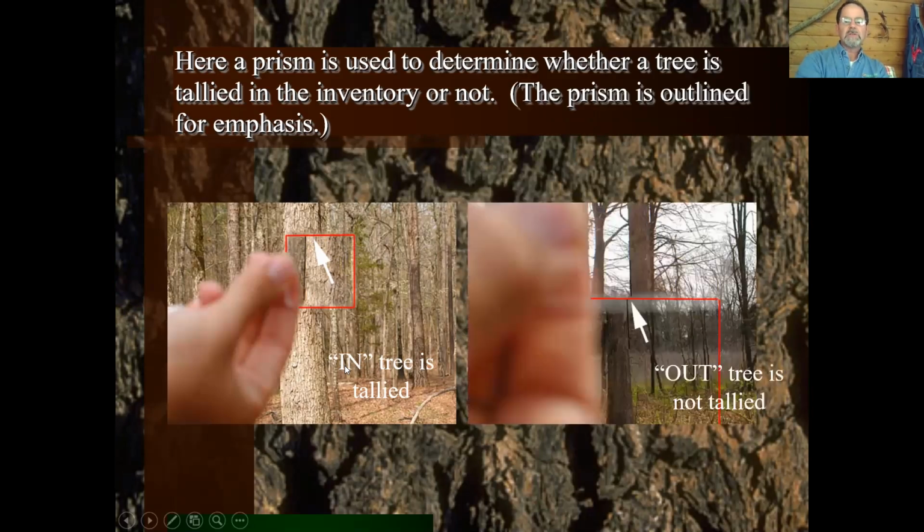But what about this tree? As this tree shows you, there's a slight gap there in the refraction, and that tree would be considered out. It's important to understand that this prism is looking at trees close and far away, but all the trees are viewed at 4.5 feet above the ground. That's the diameter breast height, or DBH, that we oftentimes refer to.